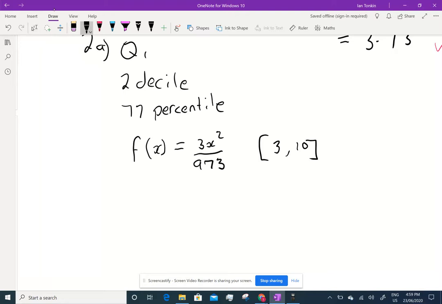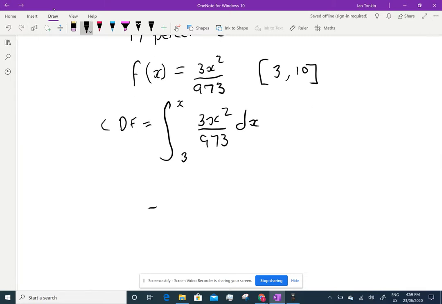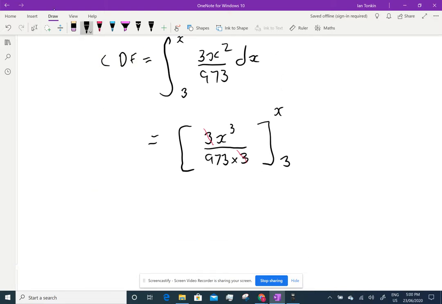So the first thing I have to do is find the CDF, the cumulative distribution function, which is just the integral from 3 to x of 3x squared on 973. When I raise it to the power, we get 3x cubed, add 1 to the power, divide by that again, and go in between x and 3. And those 3's are going to cancel. So this is nice, quite like the first one in question 1.